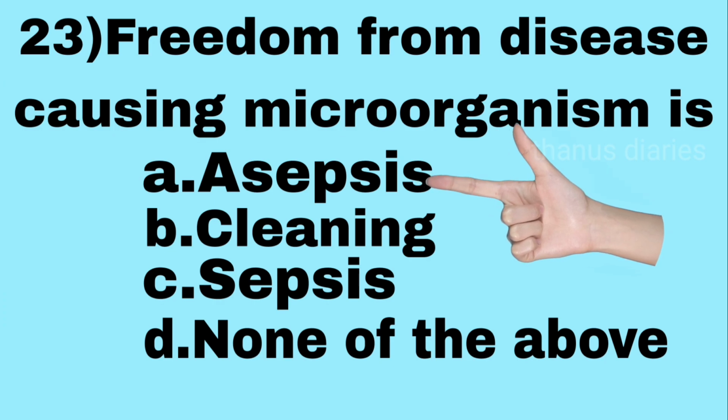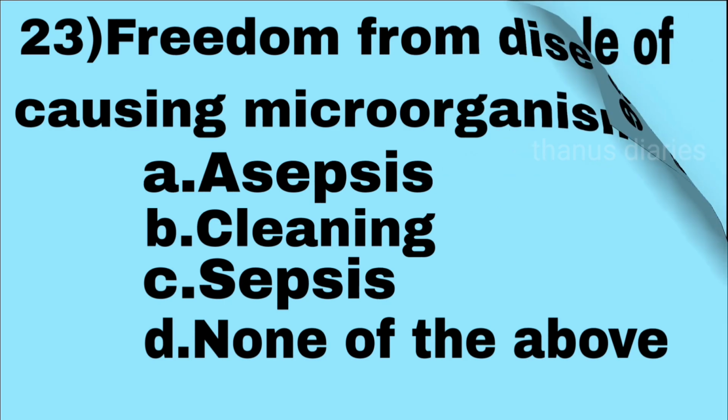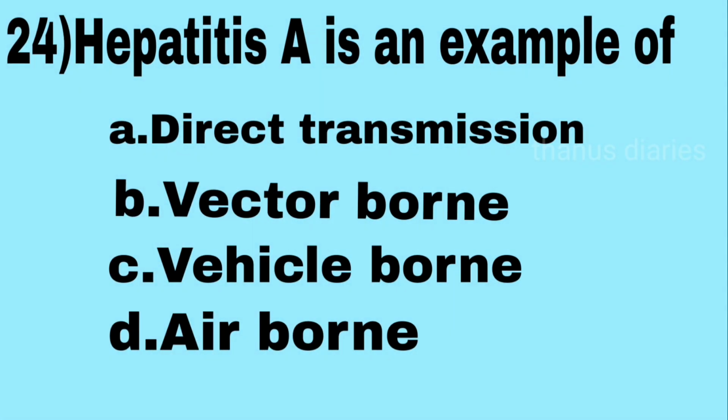It's known as asepsis. Hepatitis A is an example of: direct transmission, vector-borne, vehicle-borne, airborne. The answer is vehicle-borne.